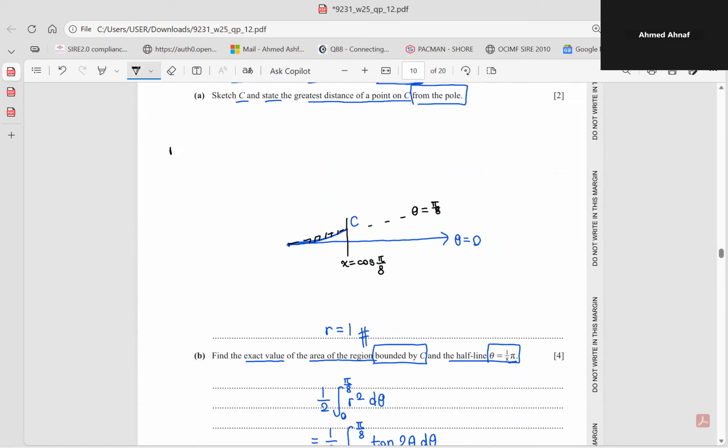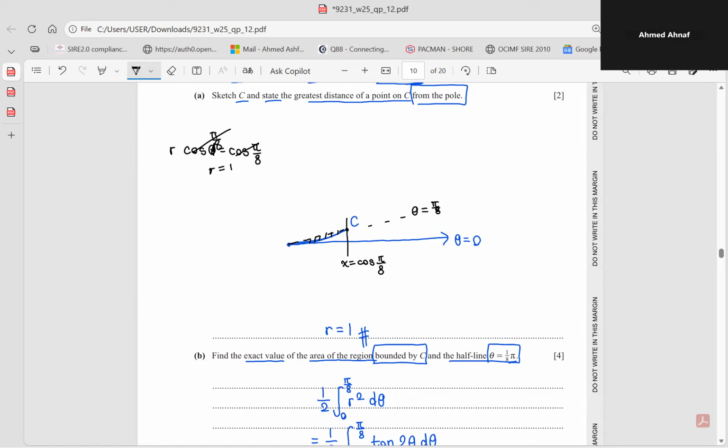Because if you substitute x equals r cos theta, and you equate it to cosine pi over 8, and then theta is pi over 8, you'll get r equals 1. And this is the point where our distance from the pole is equal to 1.